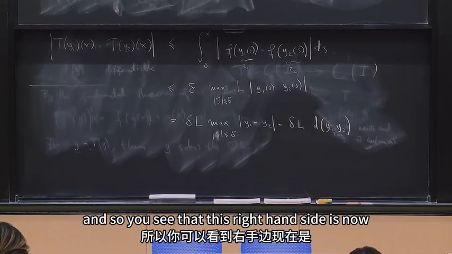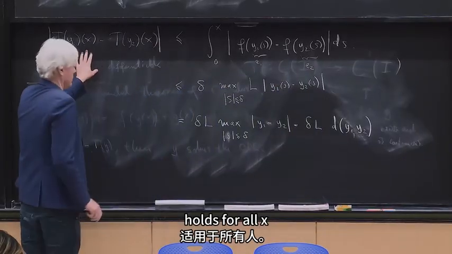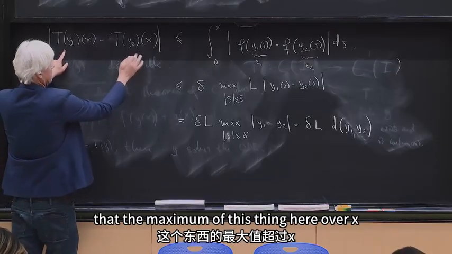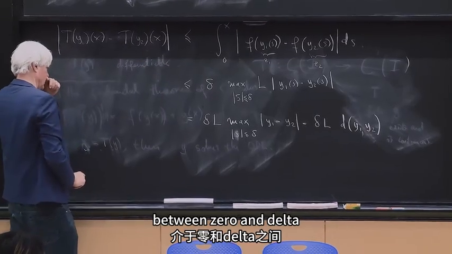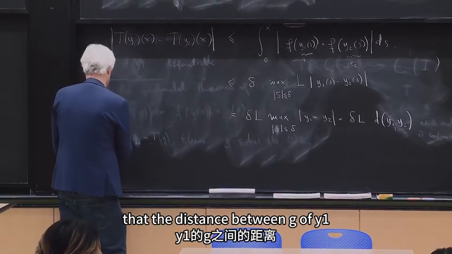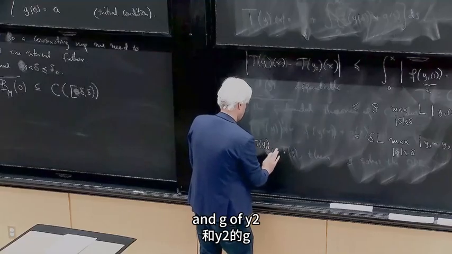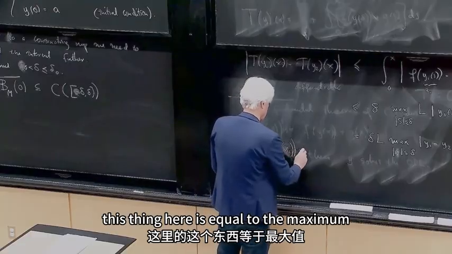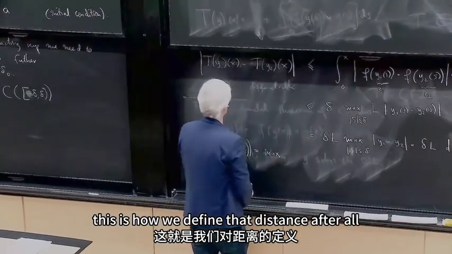And so you see that this right-hand side now holds for all x. So this means that we have that the maximum of this thing over x, where x is in the interval between 0 and delta, so this means that the distance between t of y1 and t of y2 is equal to the maximum. This is how we define that distance after all.